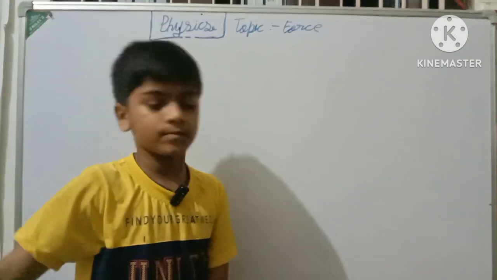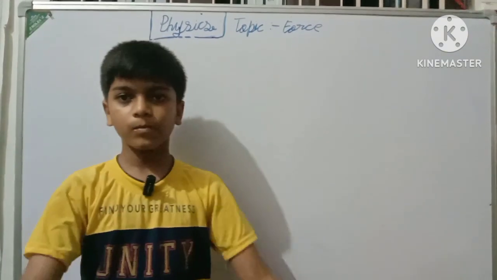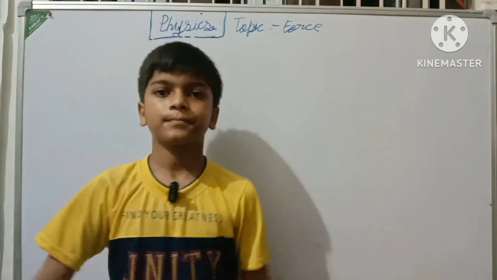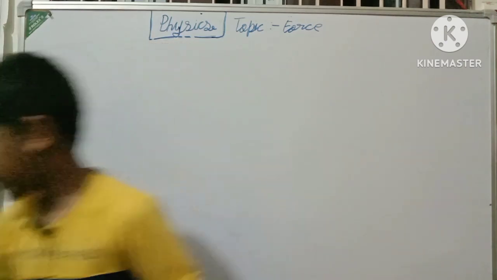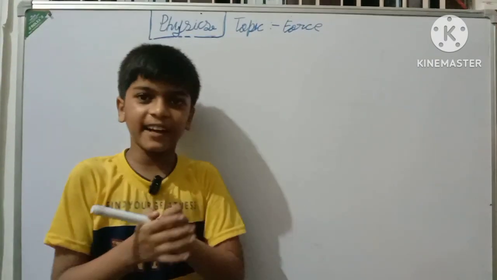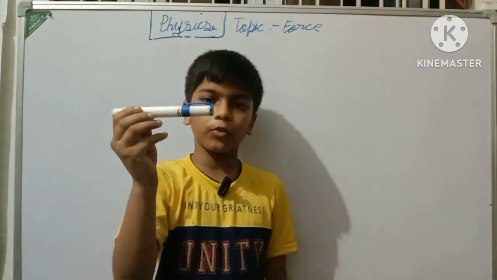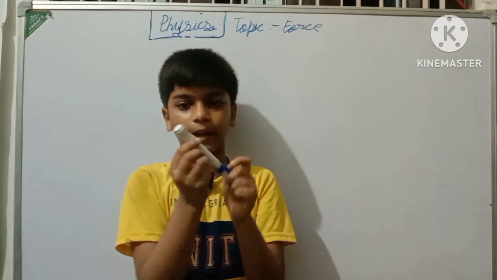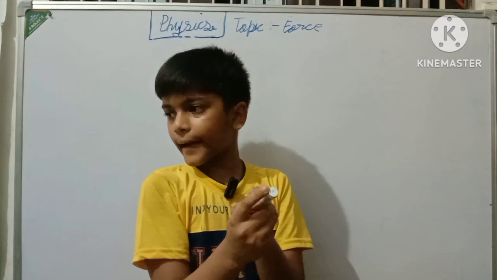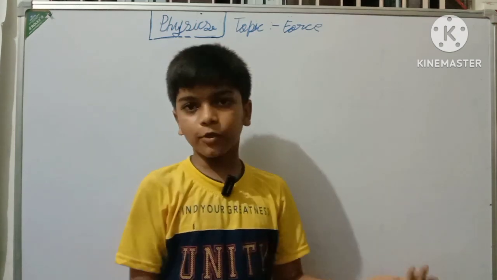Which of the following does not have a streamlined shape? Aeroplane. Does it have a streamlined shape? Yeah, because let me just give an example. This is an aeroplane. If an aeroplane's nose were like this, then it wouldn't move.